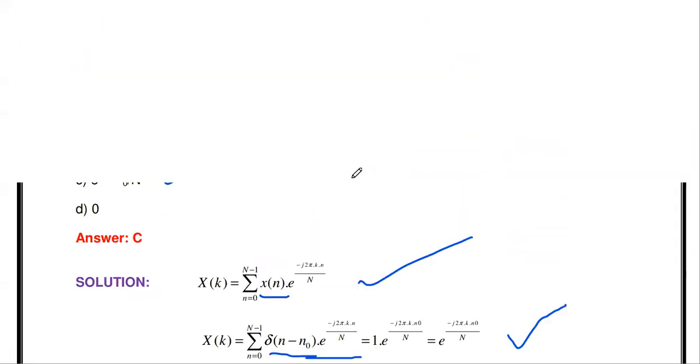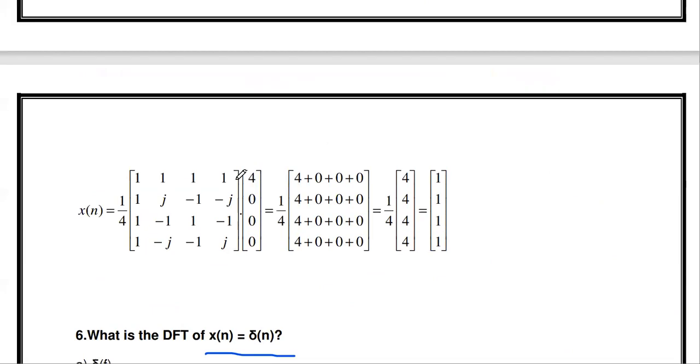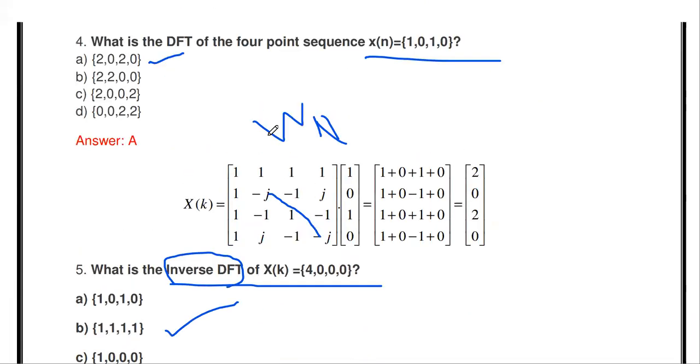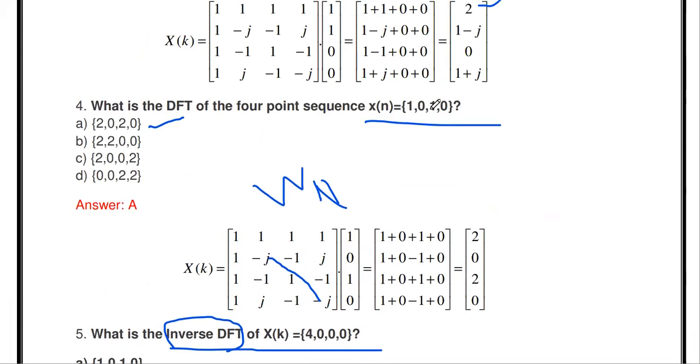You see in the previous problem, X of n equal to, what is the answer for X of k? 2, 0, 2, 0. So the first answer is said to be X of 0. I already told you X of 0 is nothing but the addition of X of n values. So 1 plus 0 plus 1 plus 0, so 2. That is the answer.